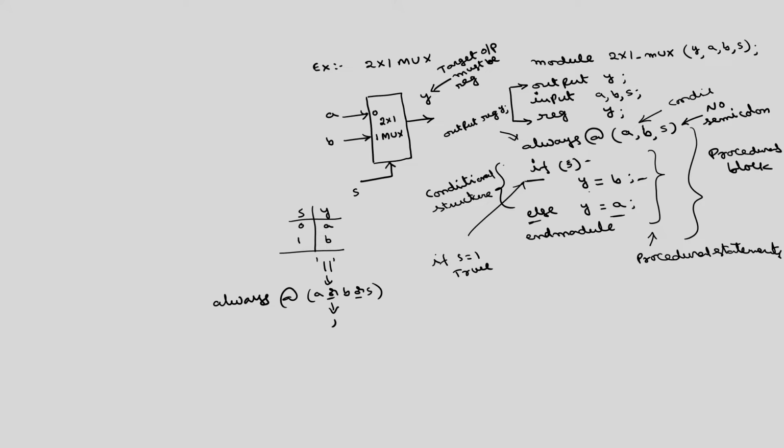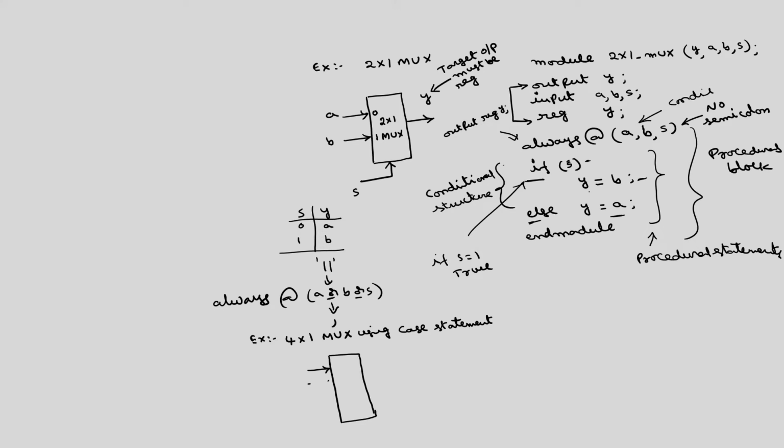Okay. Now, we will take another example of a 4/1 multiplexer. Here, we will introduce another concept called case. So, we know that a 4/1 multiplexer will have 4 inputs.